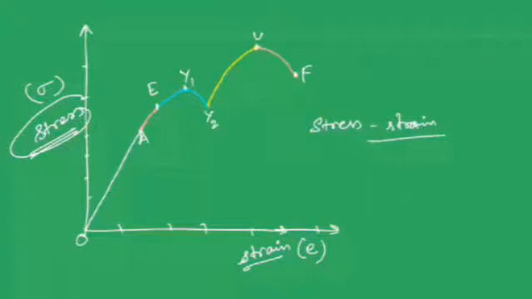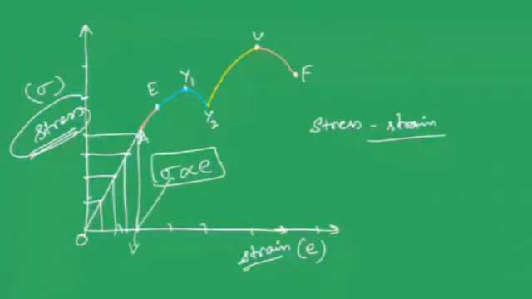From O to A, we have a straight, inclined line, which means there is proportionality between stress and strain. If you take any point between O and A, the stress-strain ratio up to the point A will be the same, which means the stress is directly proportional to the strain, and this is what Hooke's law states.